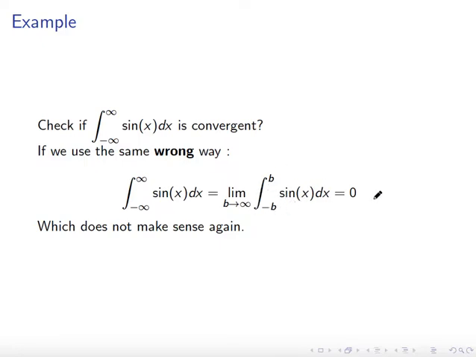Or you can directly calculate this and see the answer is 0, which again does not make sense, because the graph of sine of x does not get close to the x-axis, but alternates like this. It doesn't matter how large x is, this alternation is repeated and repeated.